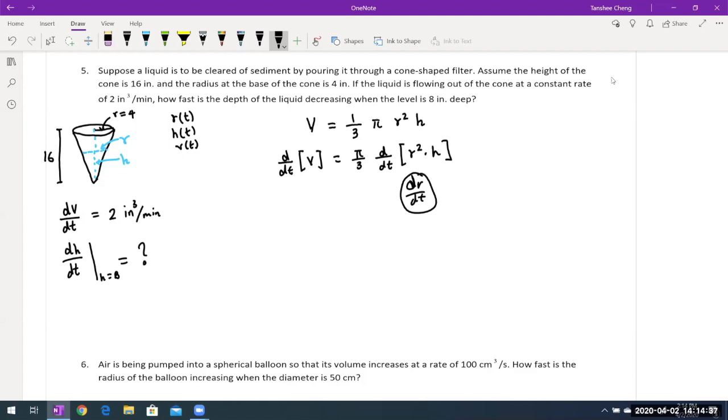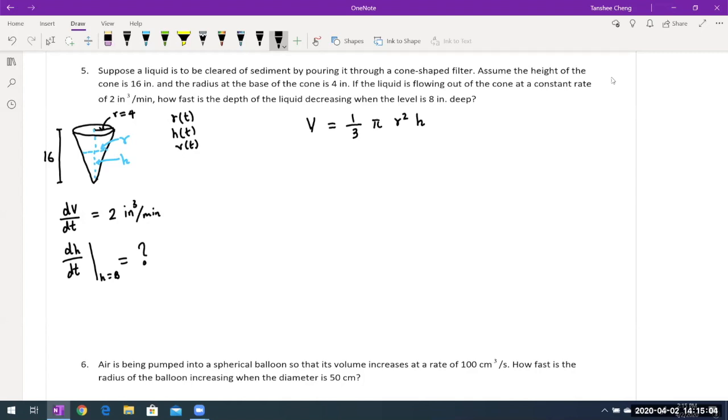So now what I want to do is rewrite this in a way that the equation will not have to use this dr/dt, right? So how do we figure that out? I'm trying to point out the problem that we're going to get if we take the derivative as given in the formula.